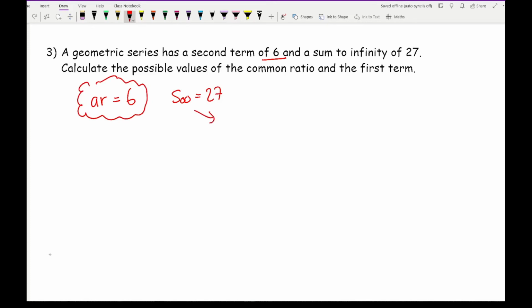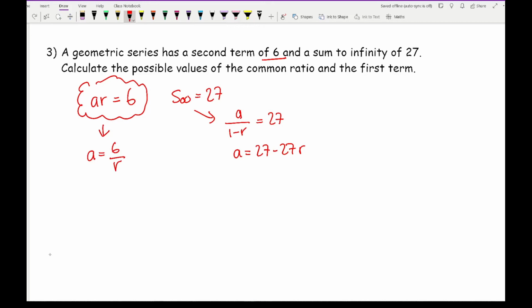Looking at the sum to infinity, we know that a over 1 minus r equals 27. The only thing I can do with this is make a equal to 27 minus 27r. But I can rearrange ar equals 6 to give me a equals 6 over r.